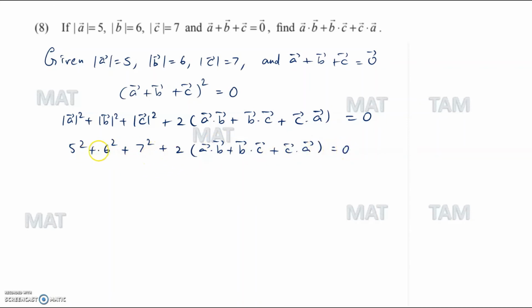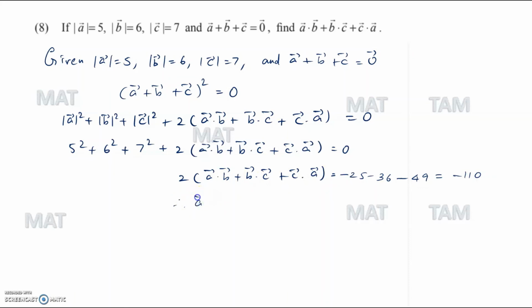So further simplifying this, we can say that 2 times A dot product with B plus B dot product with C plus C dot product with A is equal to minus 25 minus 36 minus 49, which is equal to minus 110.